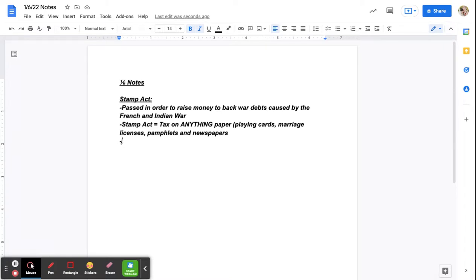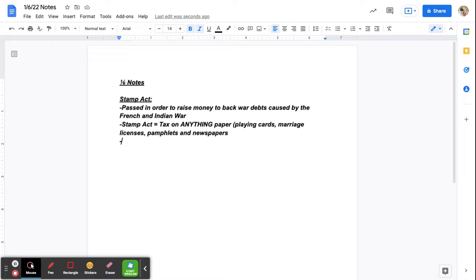So the Stamp Act, it did anger the colonists, yes, because they didn't like having extra money taken out of their wallets, but it really bothered them mostly because it was an example of the British thinking that they could pass a tax without giving representation.